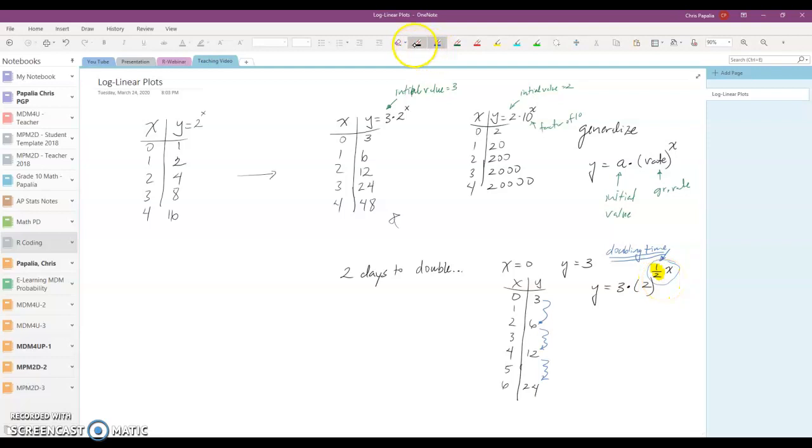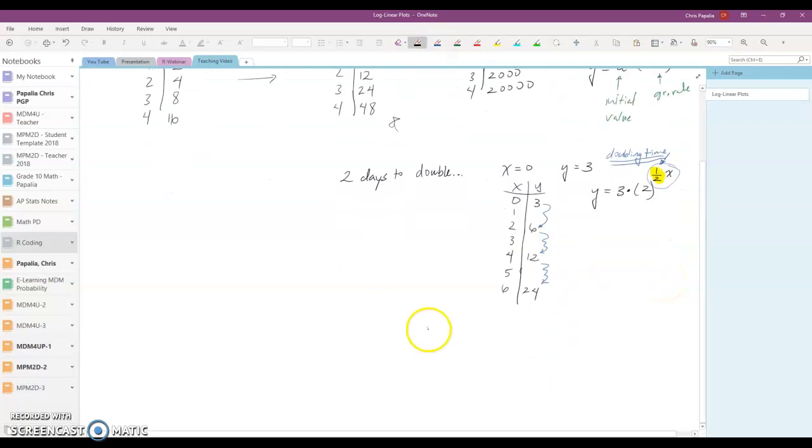So we can generalize again. Y equals a times 2 to the power of t over k, and sometimes we use this value k, and I'm going to use a t now. So t represents days, time, and k is, in this case, the doubling time constant.